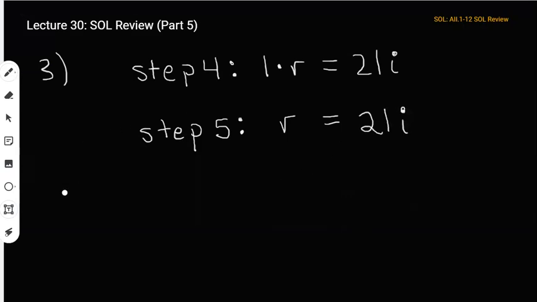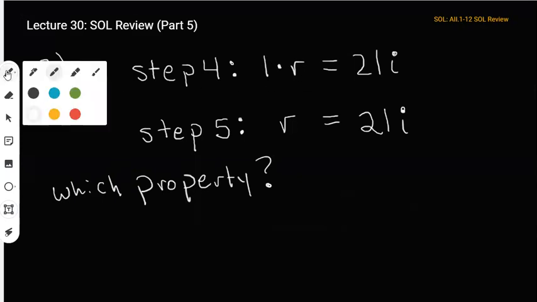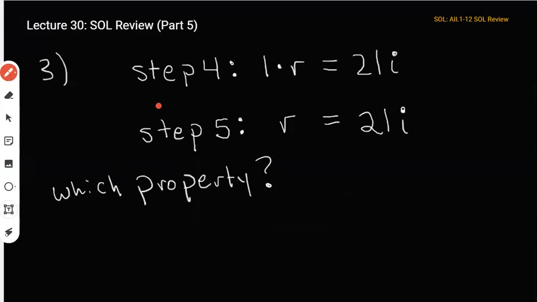And then it asks which property is going to take us from step 4 to step 5. So for this, the only difference between step 4 and step 5 is we're multiplying by 1. And if we multiply something by 1, that doesn't change anything about it, right?